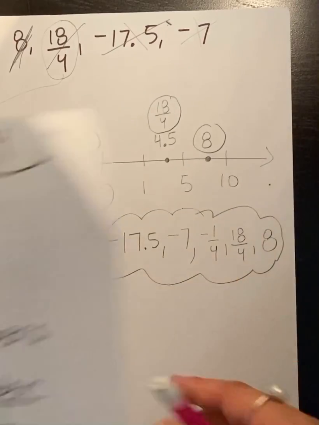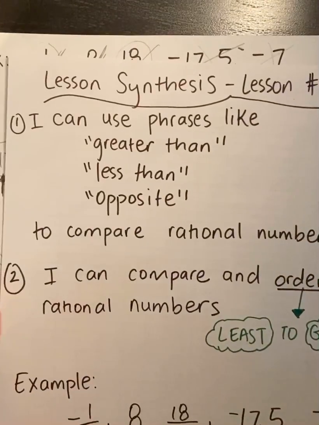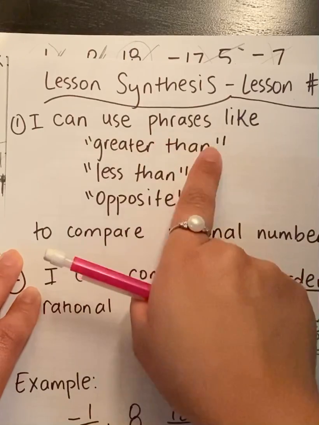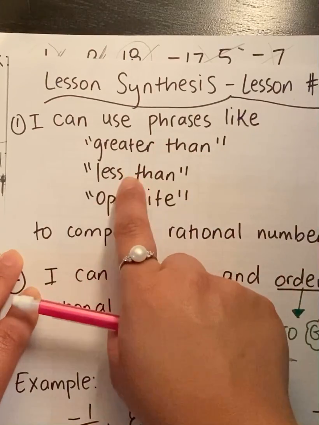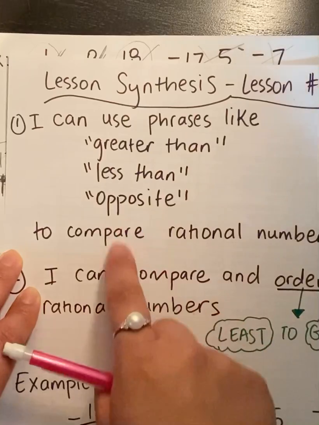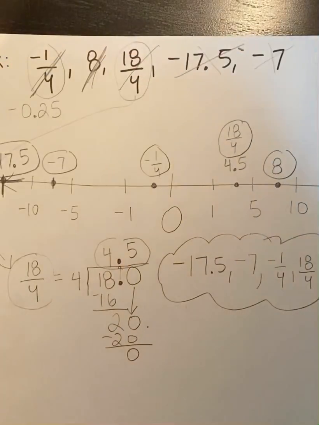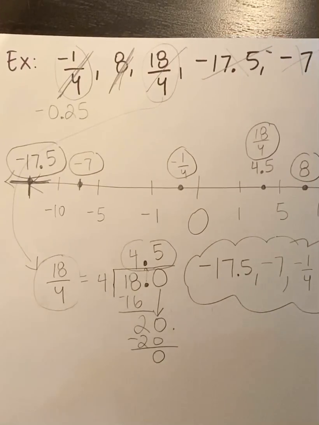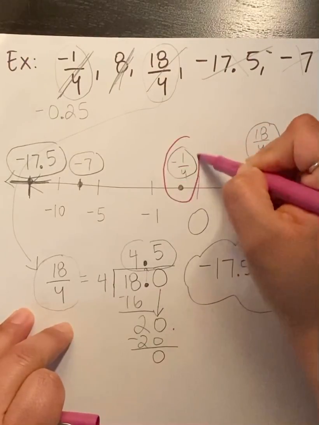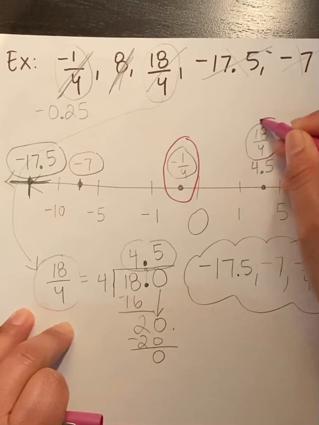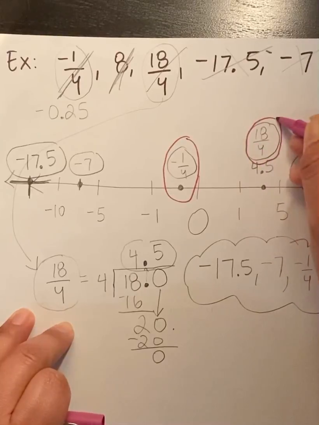The other goal for your lesson was to use phrases like greater than or less than or opposite to compare rational numbers. So for example here, if I told you, go ahead and compare -1/4 and 18/4.